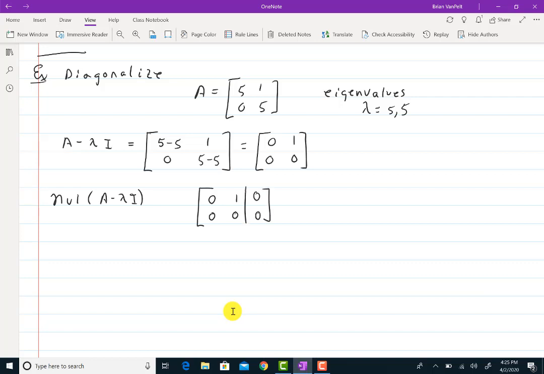Augmented matrix. Here, you see that X is free, but in the first row here, this is the Y value, Y equals 0. So your eigenspace, well, an eigenvector, since X is free and the second component is 0, is going to look like this.